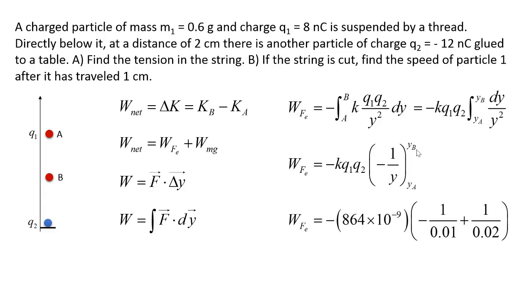And if you put the limits of integration in and you multiply all the values given for the electric constant k, the charge q1 and the charge q2, you get that the electric force does a work equal to minus 864 times 10 to minus 9, this is the value of these three quantities multiplied together, multiplied by minus 1 over the final position yB, which is 1 centimeter from the table, minus minus gives you plus 1 over the initial position, which is 2 centimeters.